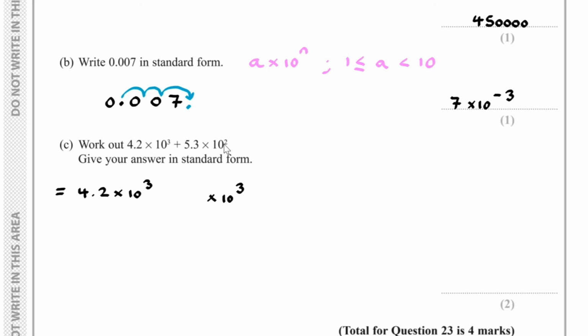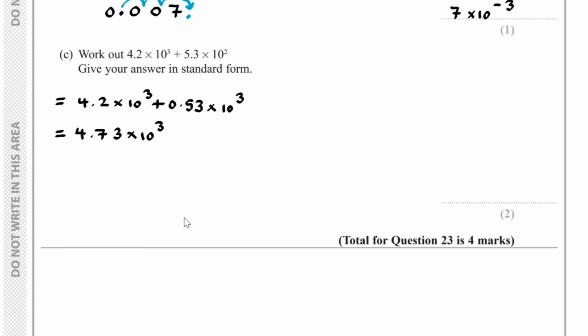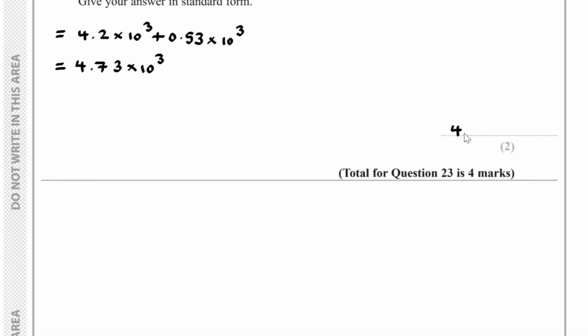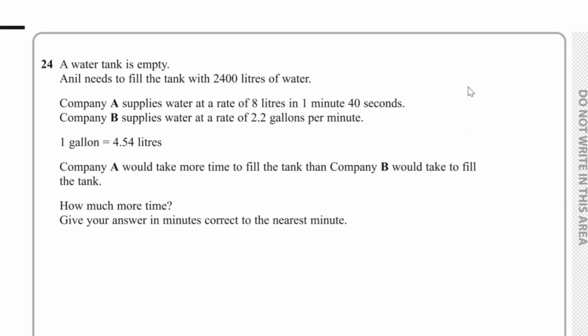And if I times this value by 10 to get 10 to the 3, I need to divide the 5.3 by 10, leaving me with 0.53. So I end up with 0.53 times 10 to the 3. And if I add all this together, I get 4.73 times 10 to the power of 3.